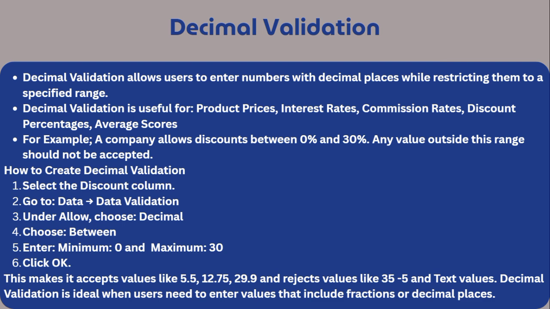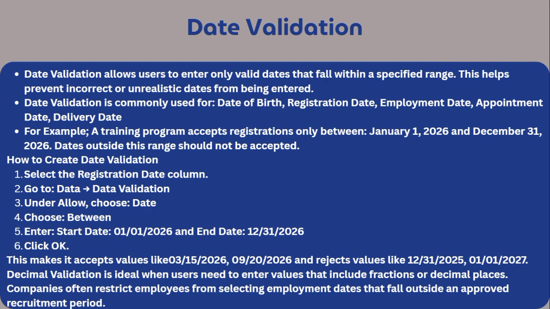Then the next one is date validation. Date validation allows users to enter only valid dates that fall within a specified range. This helps prevent incorrect or unrealistic dates from being entered. For example, we want the people that will register for our form to be above 18 years.